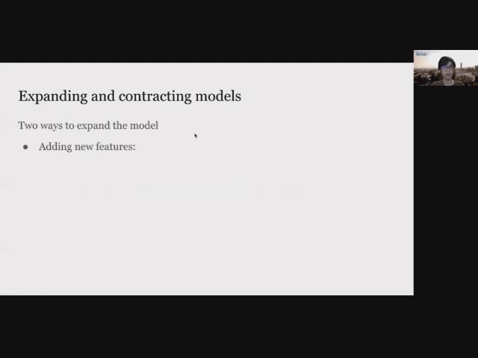One way to expand the model is to add new features. Expanding the model means making it more complex and more expressive, which allows you to fit the data better. By adding new features, you can do this. This is sometimes called feature engineering. Suppose you start with two features, x1 and x2. We can create new features by taking the squares of x1, x2, the product between them, and then cubes of the features, and so on and so forth.